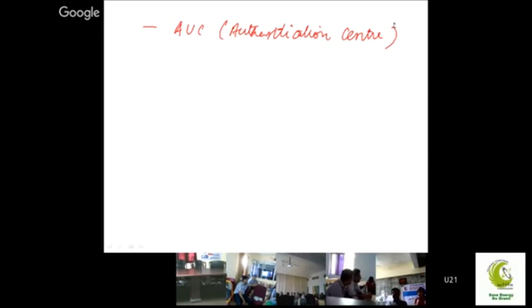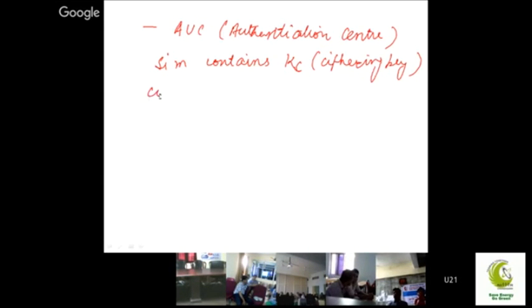What happens in the authentication center is that our SIM contains a key, that is the ciphering key, KC, plus a copy of this, that is KI, which is stored in the AUC.